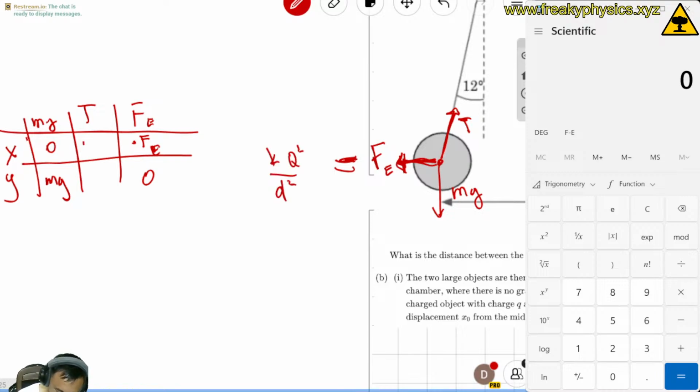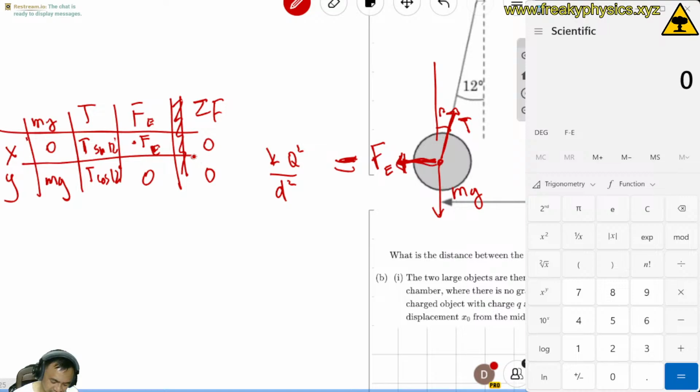This is going to be T. Let's put the angle here at 12, so this will be T sine of 12 degrees, and this will be T cosine of 12 degrees. We know it's stationary, so the resultant force is 0 on both x and y. One more thing, mg will be negative here. Let's not forget the sign.